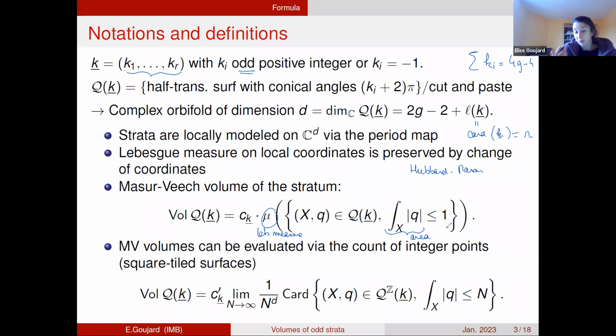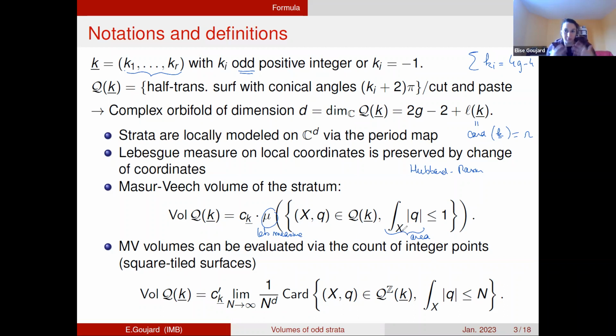If you interpret the integral of Q over X in terms of the flat geometry, it's just the area of the surface, the area of the polygon. So if you restrict to surfaces with bounded area, then the measure of the set is finite. This is a result of Masur and Veech. And then you can speak about the volume of strata. It's this definition.